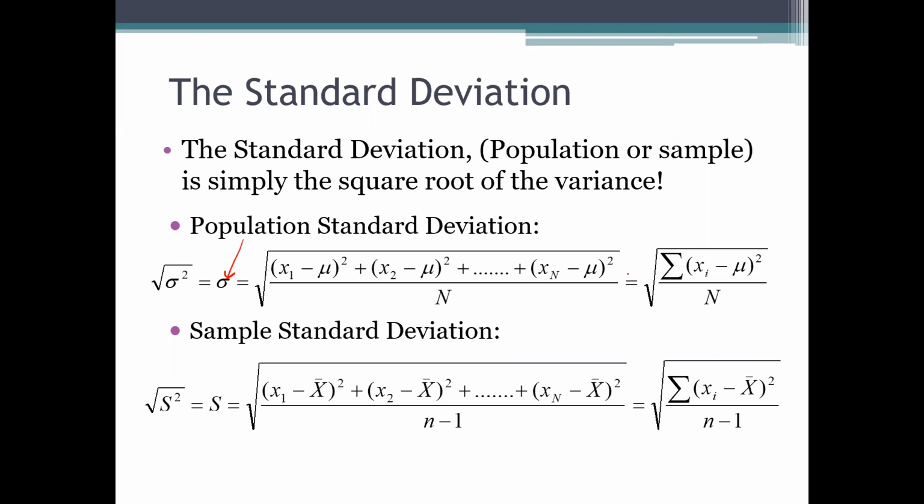So it's literally just the square root of all this. The sample standard deviation is just denoted as S because it's the square root of S squared. And what the standard deviation tells us is the average deviation from the mean of a data set.